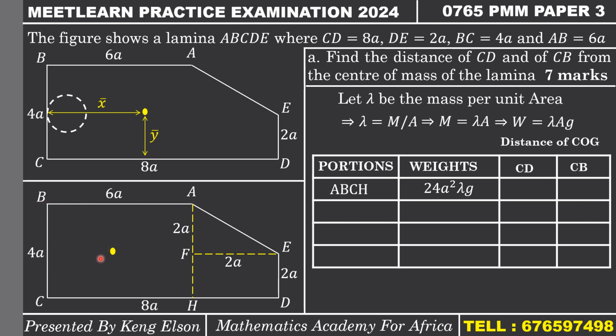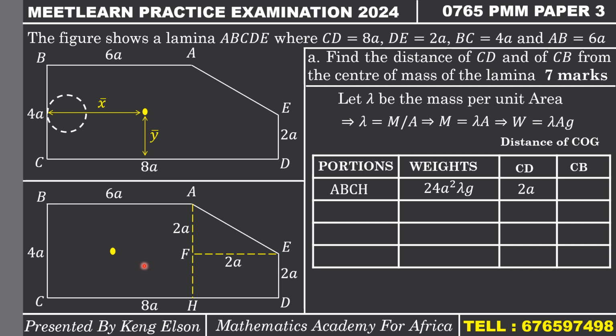If I go from the center to CD, it is the same as taking the width divided by 2. Let's first start with the distance from CD. The distance from CD is the vertical distance, which is basically 4a divided by 2, which is 2a.